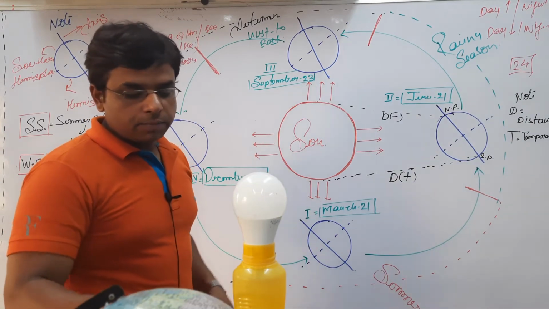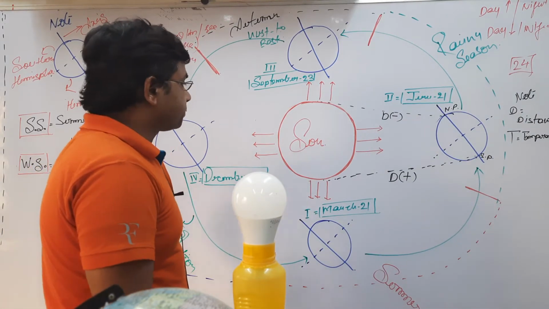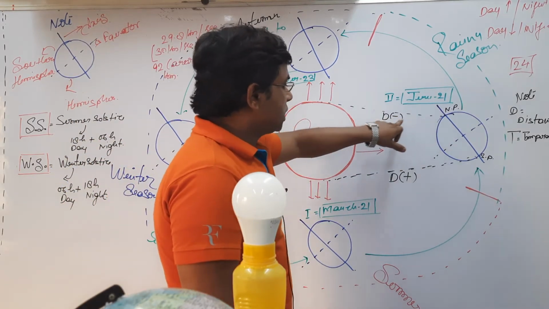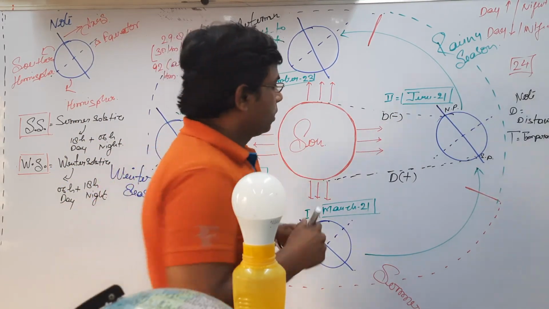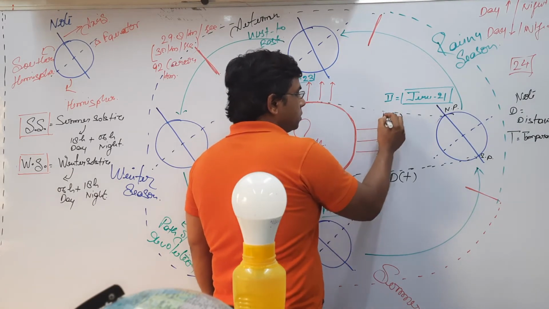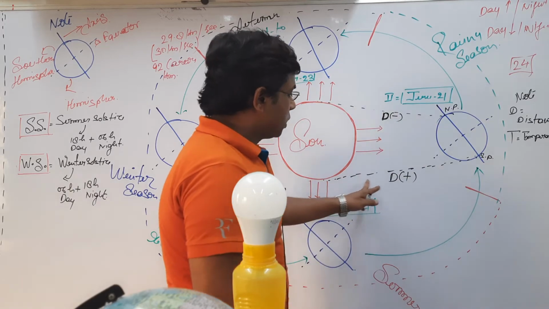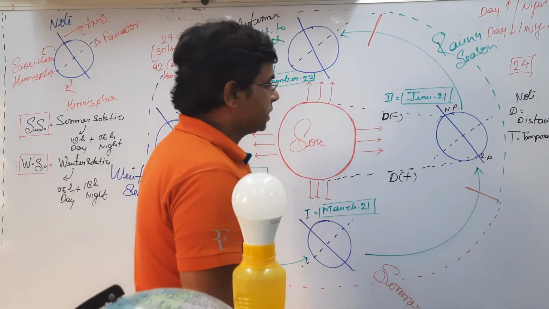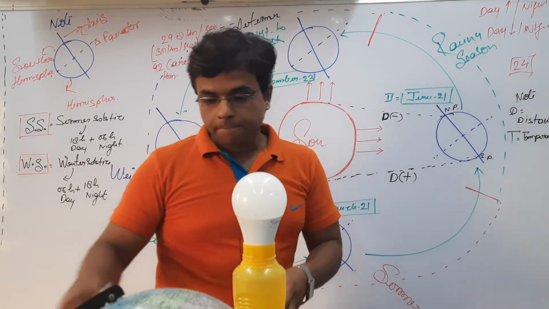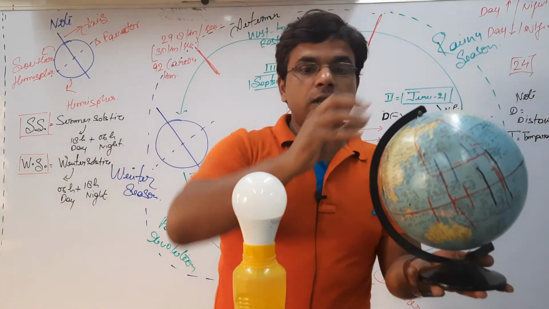We will come to the temperature a little later. So on the 21st of June, the North Pole has the minimum distance from the sun, while the South Pole has the maximum distance on the date of 21st of June. Okay, so we were here.